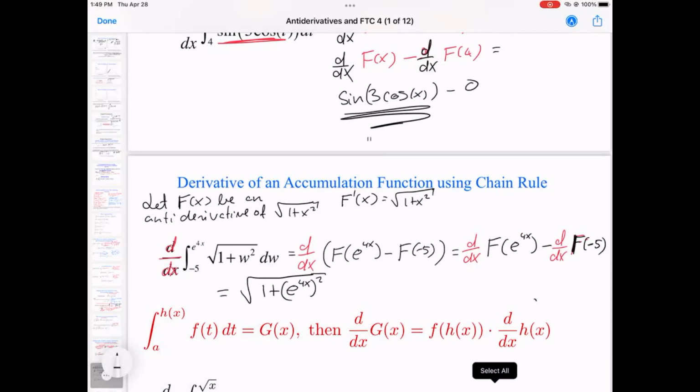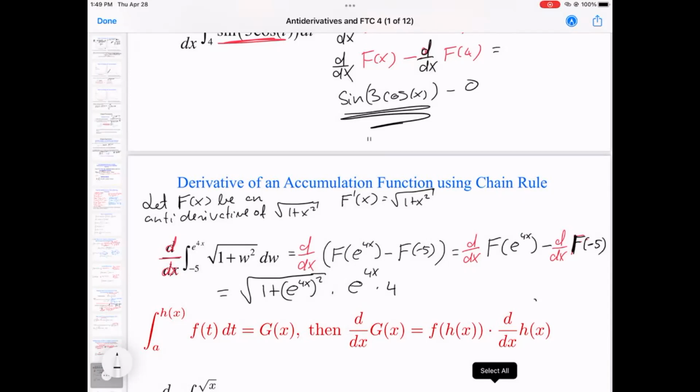Using the chain rule, we still have to multiply by the derivative of e to the 4x, which is e to the 4x times 4. And that's it.